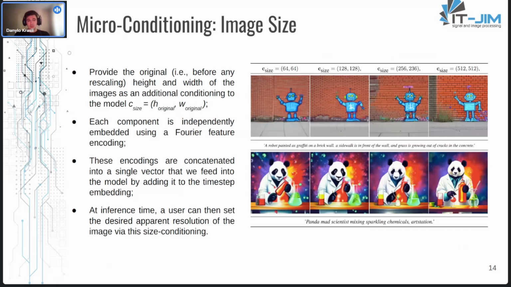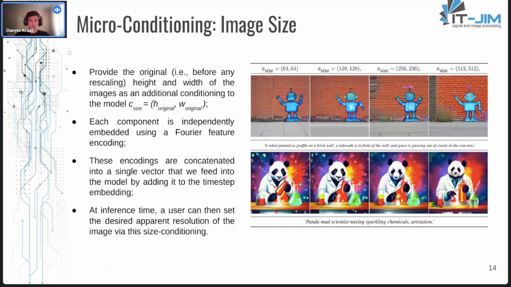So what did the authors propose? Instead of those approaches, they proposed to condition the UNet model on the original image size, image resolution, which is trivially available during training. In particular, they provide the original height and width before rescaling of the images as additional conditioning to the model, C size.